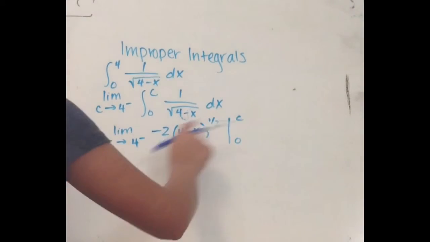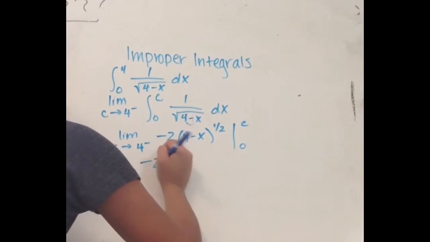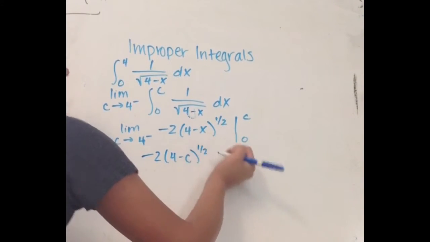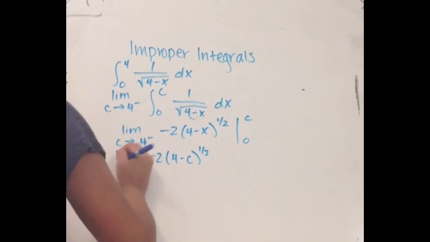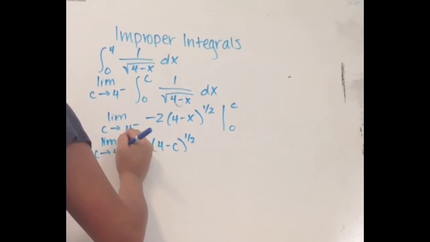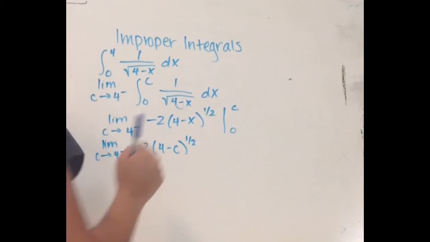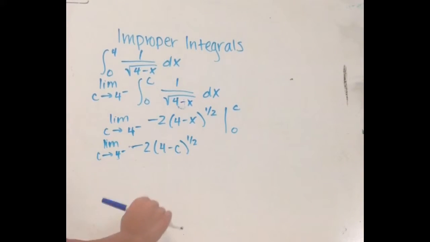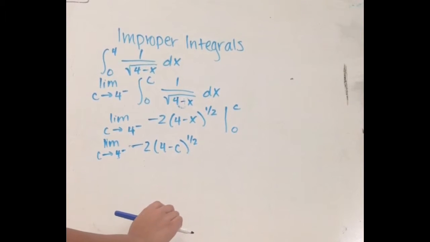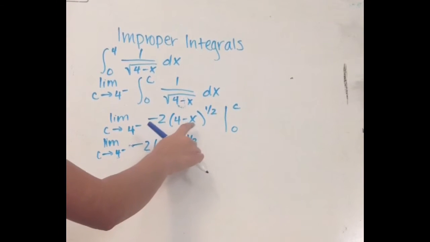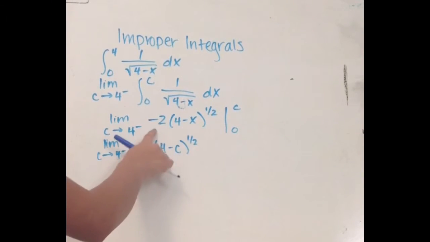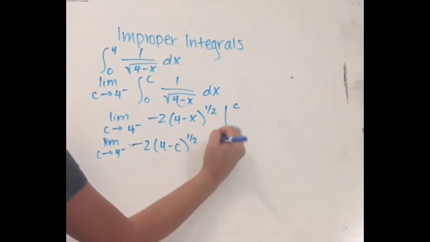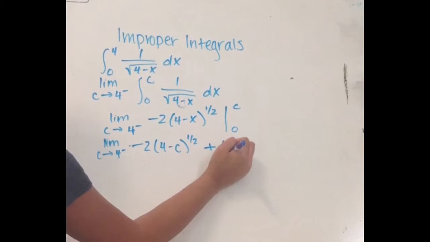Okay, so we'll put in c: negative 2 times (4 minus c) to the 1/2, the limit as c approaches 4 from the left-hand side. And then when we put in 0, we get 4 to the 1/2, so root 4, which is 2. And then 2 times negative 2 is equal to negative 4, but we're doing minus that, so we get plus 4.